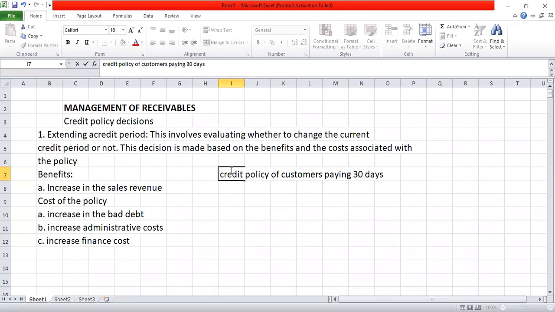Now you want to change the policy from 30 days to 60 days. So the question here is, if I change from 30 to 60 days, what are the benefits associated with this change in the policy?